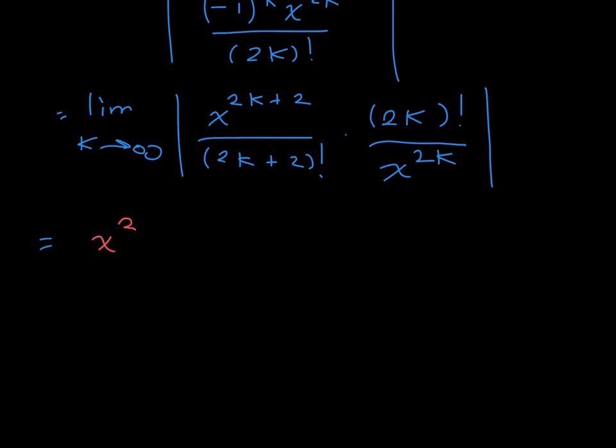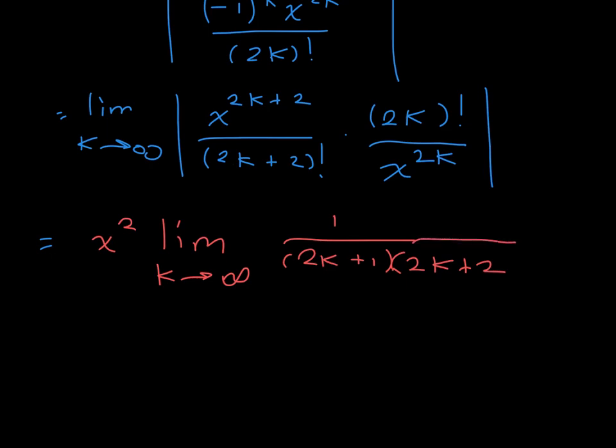I don't need absolute value bars around that because that's always positive. And then 2k factorial divided by 2k plus 2 factorial just leaves you with 1 over 2k plus 1 times 2k plus 2, like that.